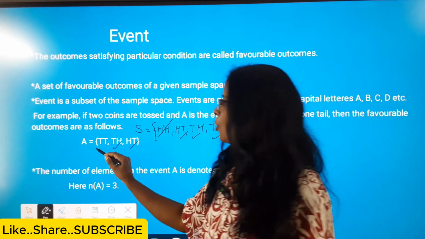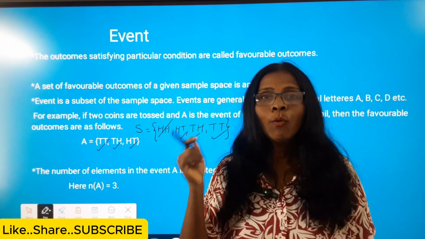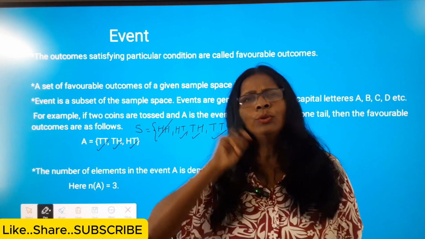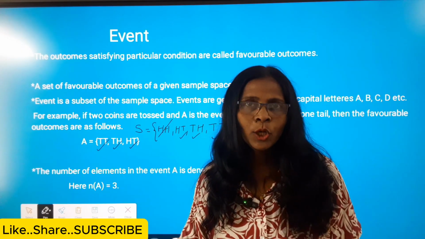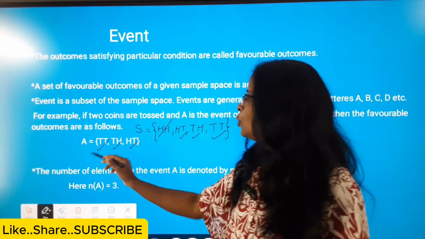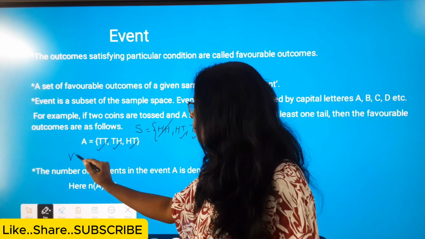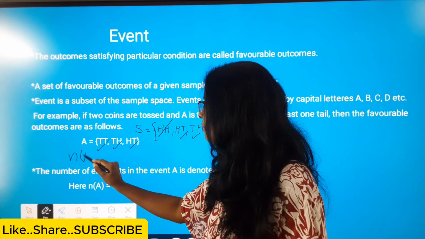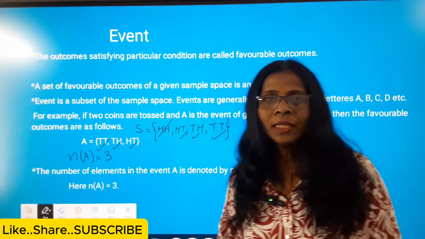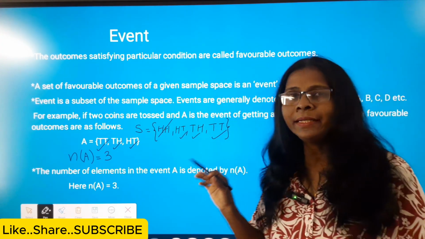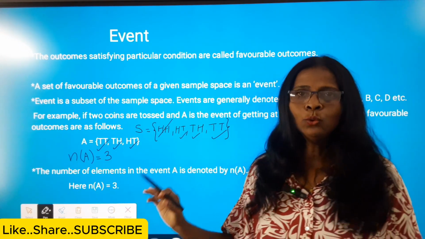Then TT, yes, there are two tails, but our condition is at least one tail, so it can be contained in this event. So A is equal to TT, TH, HT. The number of elements in the event A is denoted by n of A, and n of A is equal to 3.